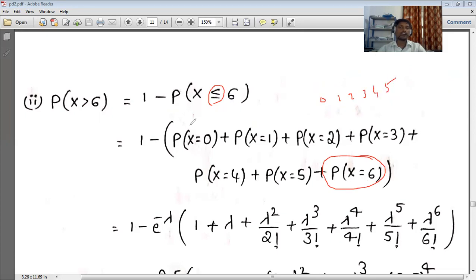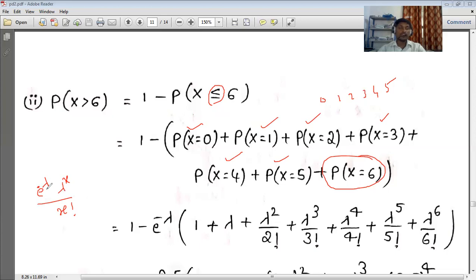So those things only we wrote here: 0, 1, 2, 3, 4, 5, and in place of equal to we wrote 6. Now as usual, we have to use the formula e power minus lambda, lambda power x by x factorial. First we substitute x as 0, next 1, 2, 3, 4, 5.